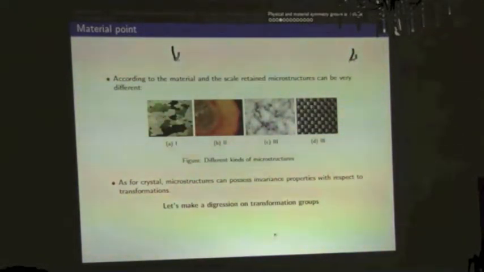And as for crystals, this microstructure can have some invariant property with respect to some transformation. So what we are going to do is define this invariance property.